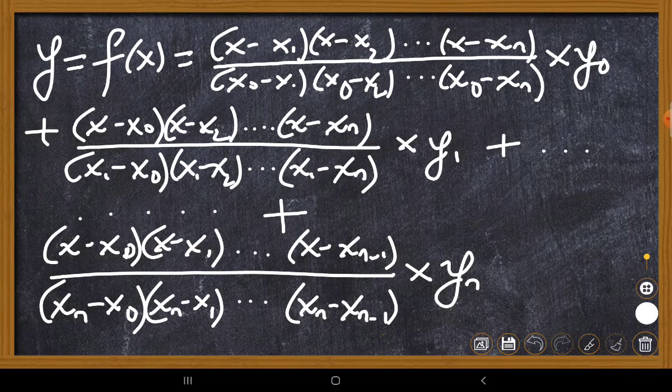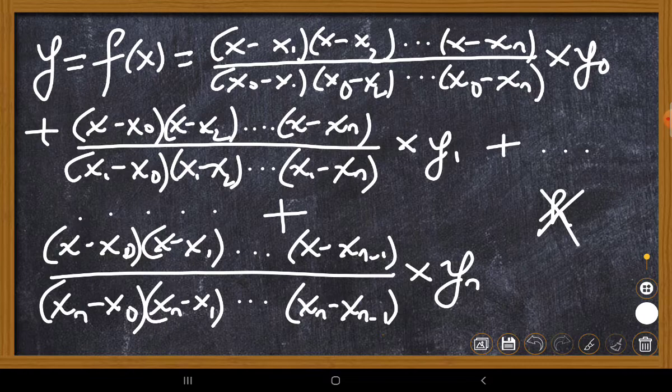So this is Lagrange's interpolation formula. This formula is very simple. You can see that the formula does not involve any interval of differencing, so you can easily estimate for any point in the series using Lagrange's interpolation formula.